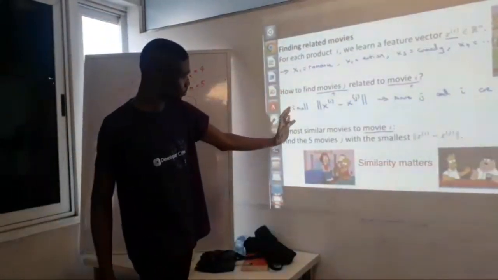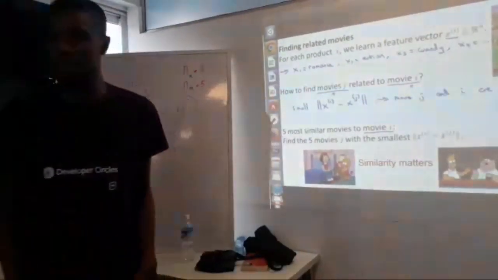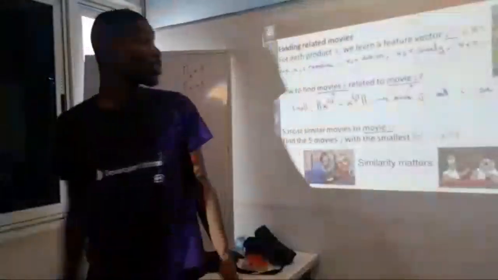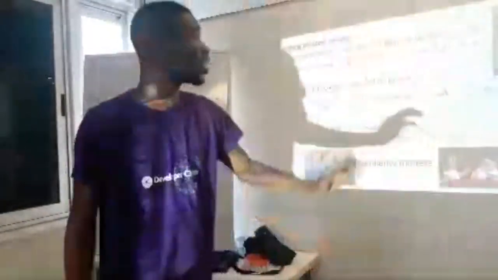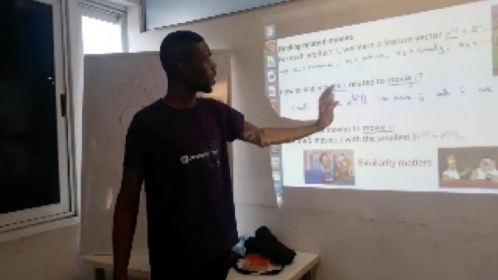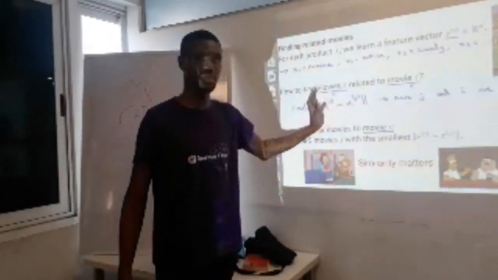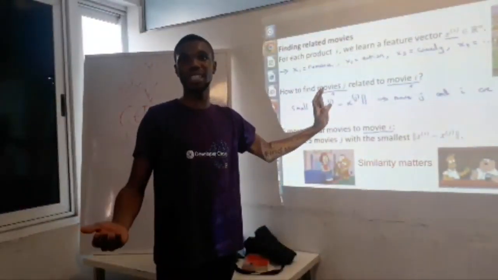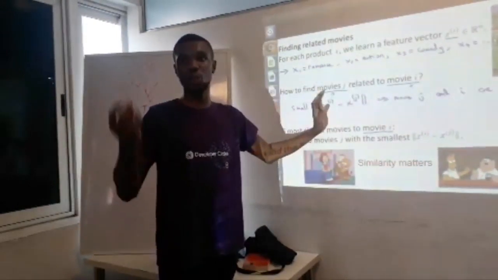We try to get vectors that are similar. How do you know something is similar? If the difference between them is what?